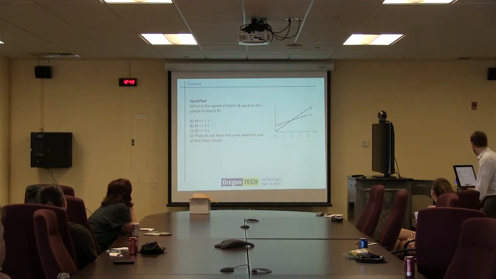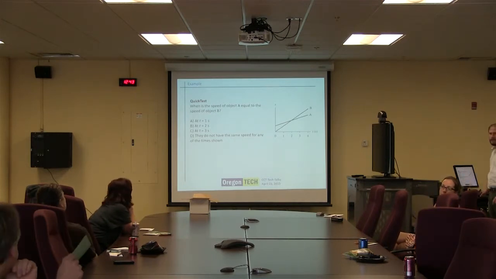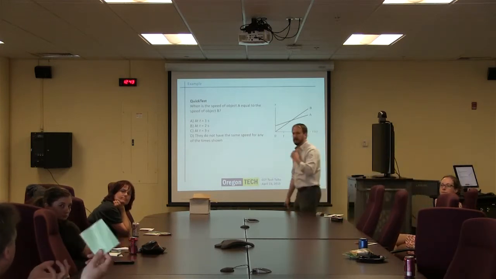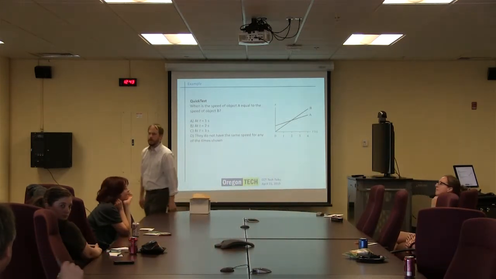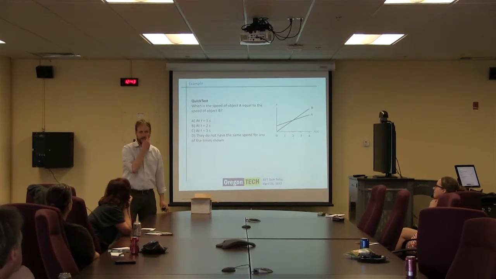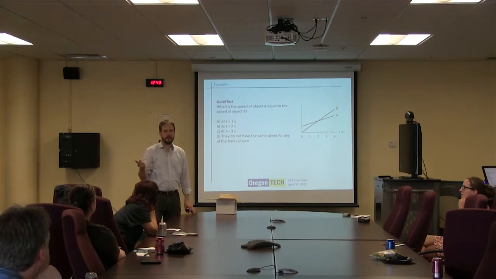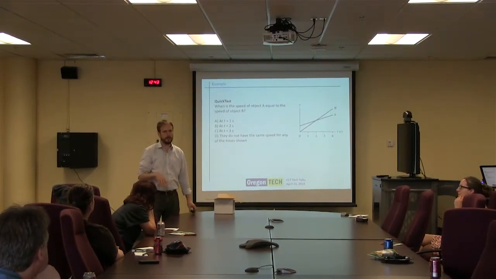So Matt, if I had gotten that one wrong by answering B, because that's when the lines are equal, how do you go about correcting that misconception? Well, you can't. I don't think you can expect to correct everyone's misconception every single time. At least that's my approach.